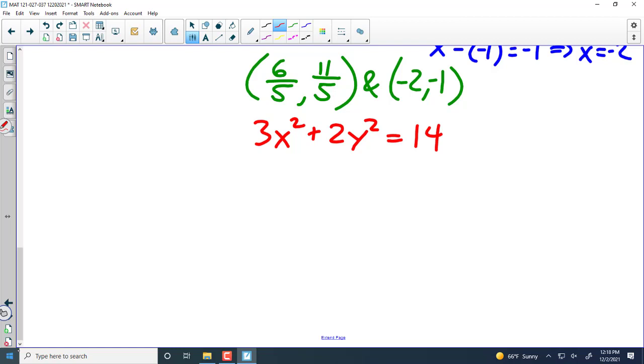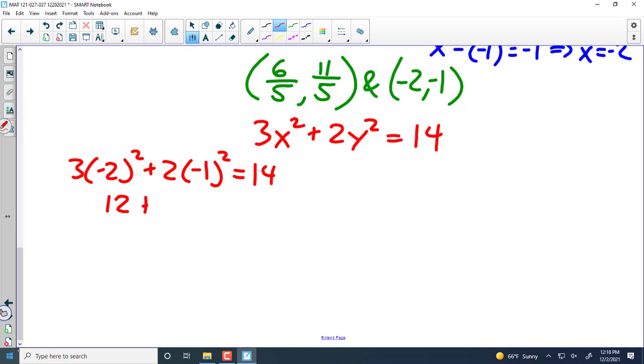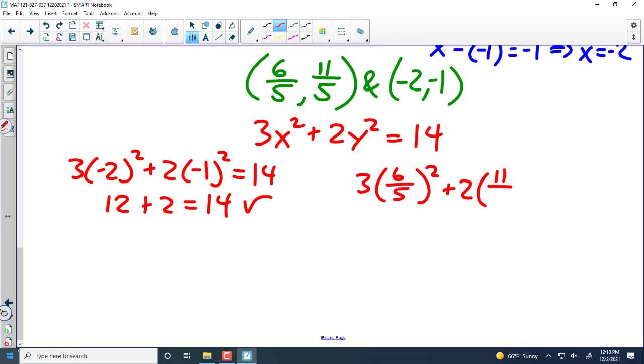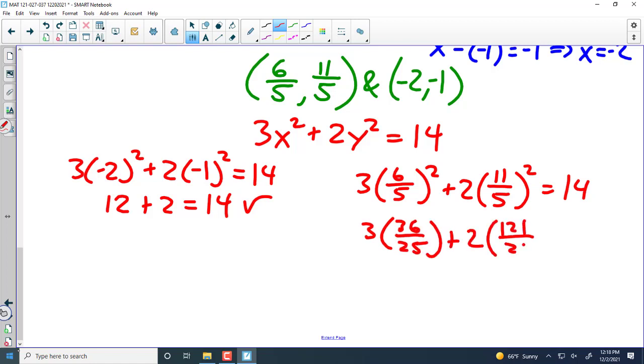We check them both in there. 3 times -2 squared plus 2 times -1 squared equals 14 is going to end up being 12 plus 2 equals 14. That one's awesome. 3 times (6/5) squared plus 2 times (11/5) squared is supposed to equal 14. That's 3 times 36 over 25 plus 2 times 121 over 25 equals 14, which is going to be, I'm sorry, it's not going to be 72.